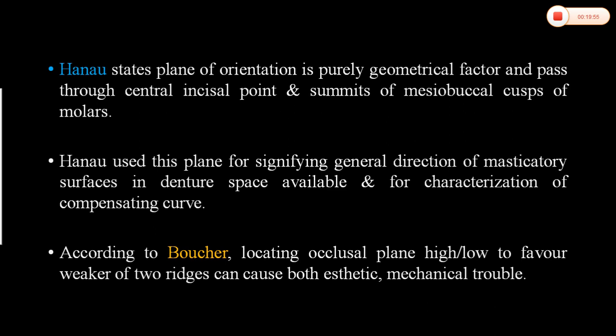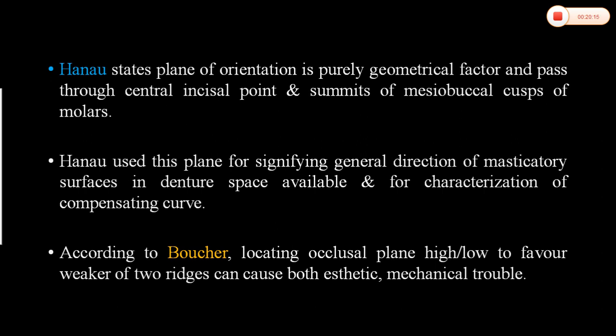According to Boucher, locating the occlusal plane high or low to favor the weaker of the two ridges can cause both aesthetic and mechanical trouble. What Boucher says is, as we discussed previously, the occlusal plane has to be midway between the maxillary and mandibular ridges.